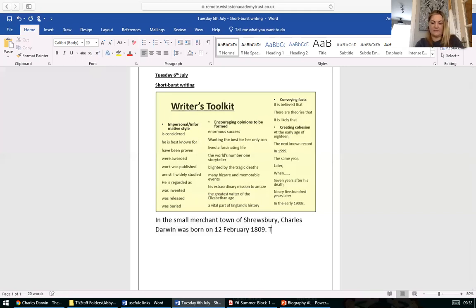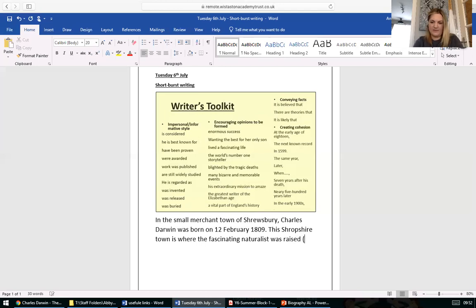This Shropshire town, because we know Shrewsbury is in Shropshire, we know the county then. This Shropshire town is where the fascinating naturalist, adding my opinion in as well, because from what I've read about him, I believe he's had a fascinating life. So this Shropshire town is where the fascinating naturalist was raised.